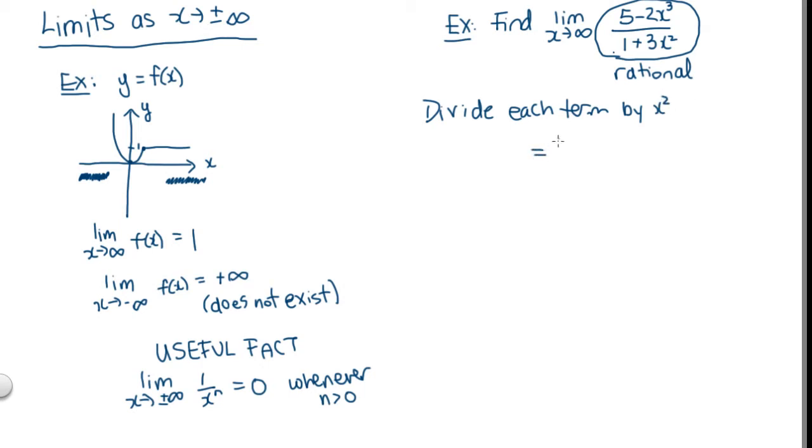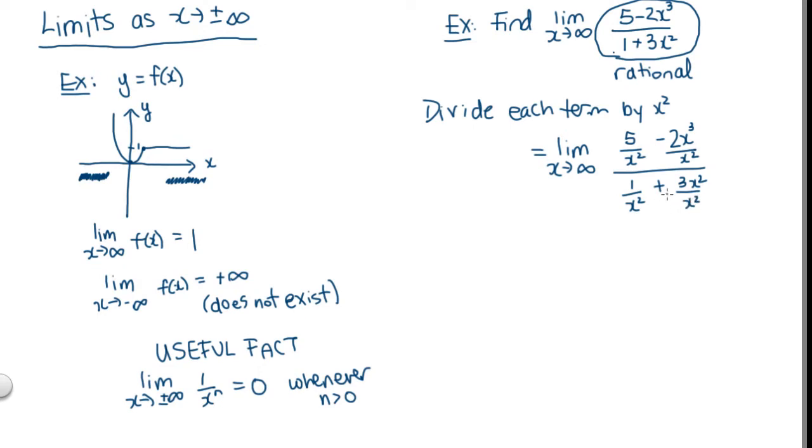Okay, and we're going to keep our limit expression on here. So we've got the limit as x goes to infinity of 5 over x squared minus 2x cubed over x squared, all over 1 over x squared plus 3x squared over x squared.